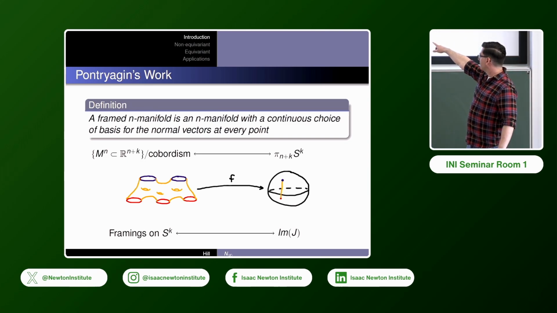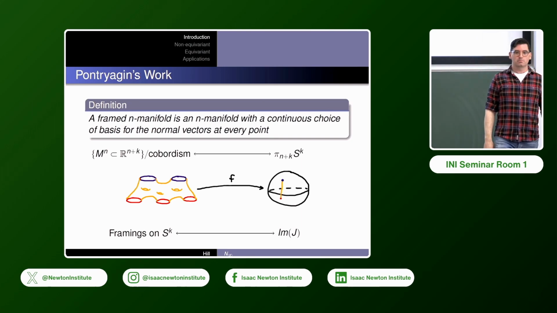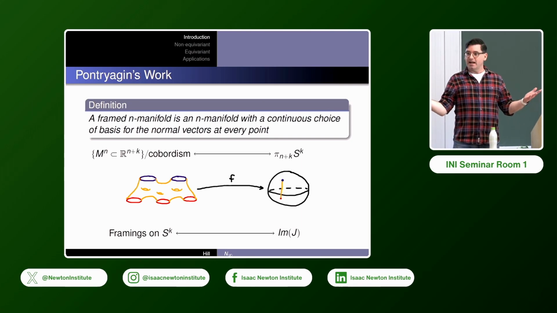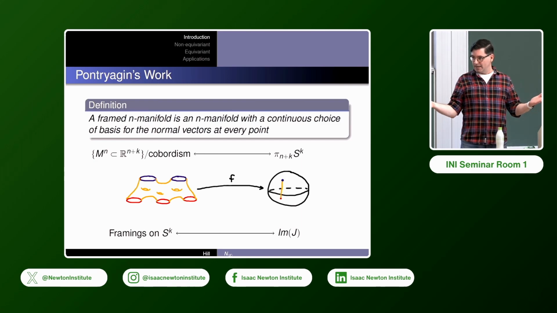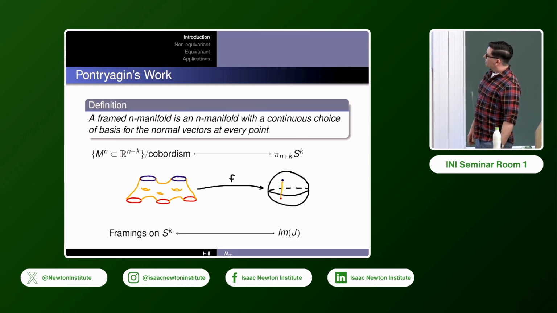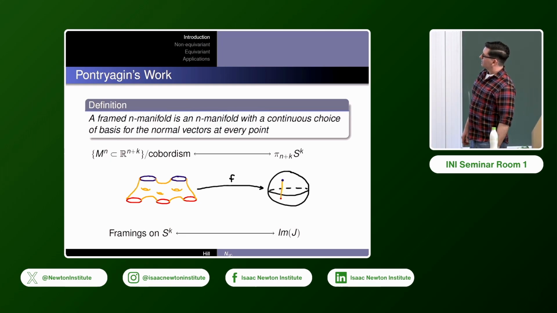My manifold in this case is this surface of genus g with 5 boundary components. And I embed that in a big Euclidean space. And then at every point, there's the tangent bundle, which inherits from the tangent space of Euclidean space. And I ask for the normal vector set, the orthogonal complement. And if I choose a basis for that continuously, that's my framing.